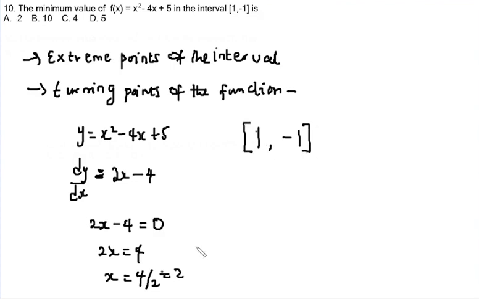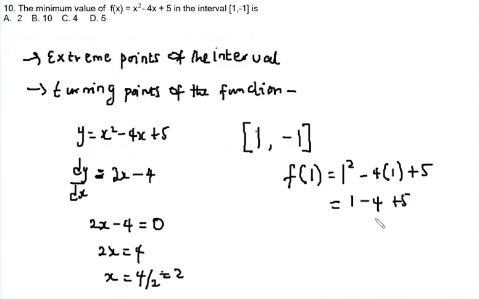Now, if you notice, the turning point does not fall within this interval, so we'll not be considering the turning point when doing analysis. We are considering the extreme points. To find f of 1, the first extreme point, f of 1 is equal to 1 squared minus 4 open bracket 1 plus 5. This is equal to 1 squared minus 4 plus 5.